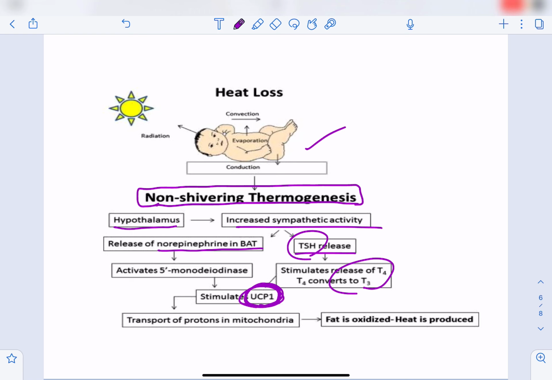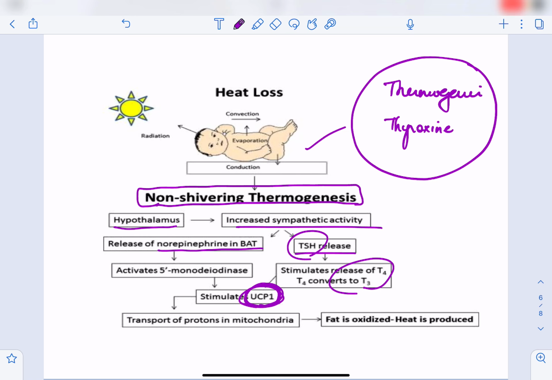Whichever warmth is necessary, the newborns get through this process. That is why thermogenin is an uncoupler, and thyroxine is also an uncoupler. Both are physiological uncouplers.